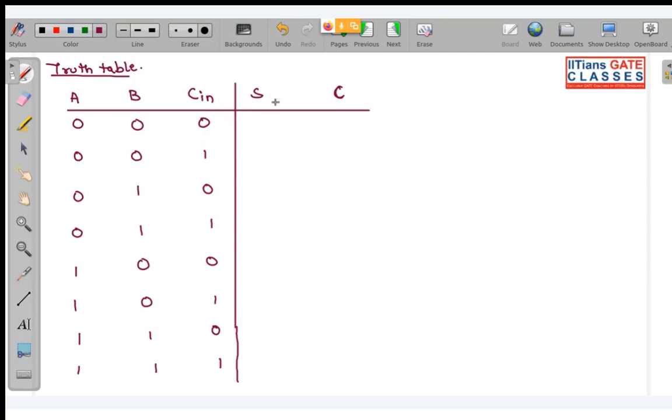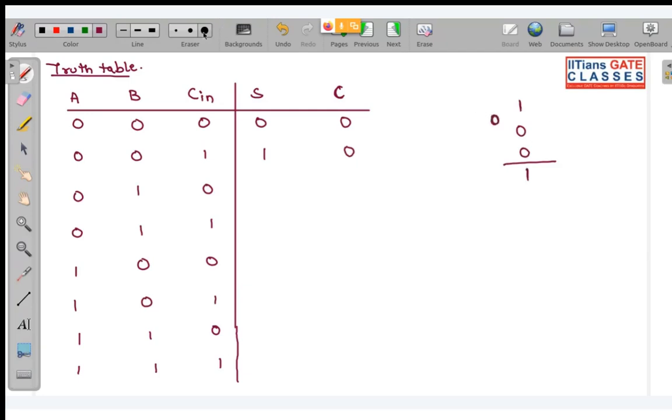Fine, now let us see the sum. If I add 0, 0, 0, sum will be 0, carry will be 0. Over here, A is 0, B is 0, and C in is 1. If we add these three, sum will be 1 and carry is 0.